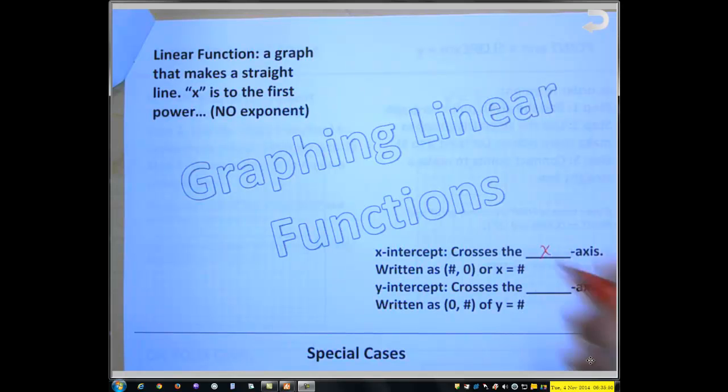The y-intercept is where the graph crosses the y-axis, and the coordinates of the y-intercept are written as 0 and a number. Or we can say for the y-intercept, y equals a number.